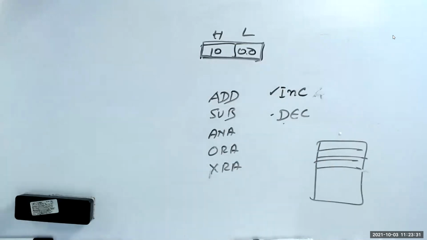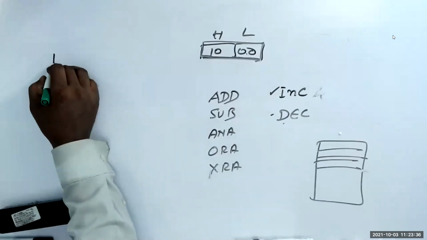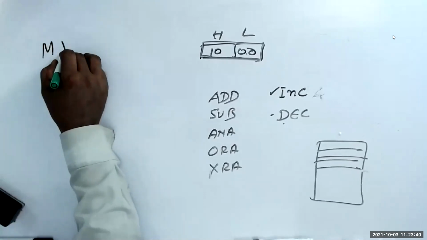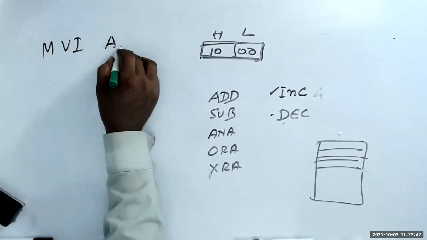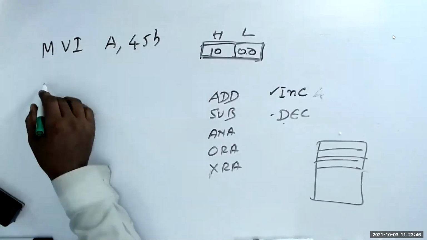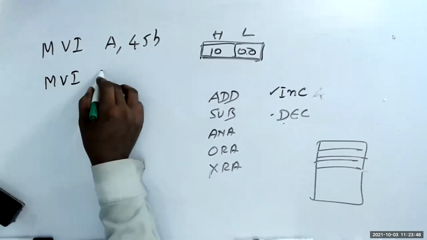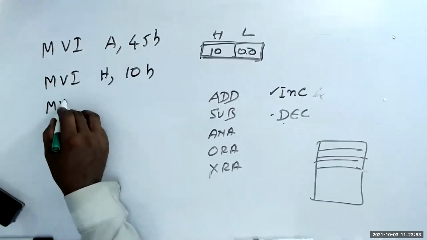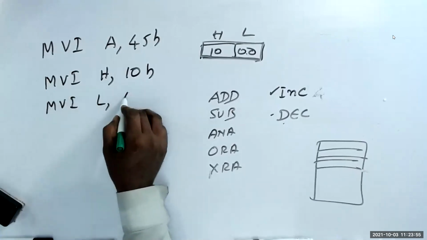Like that, there are other instructions. For example, move immediate A, comma 45H. Move immediate H, comma 10H. Move immediate L, comma 00H.